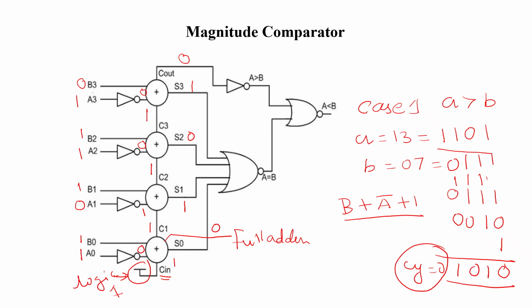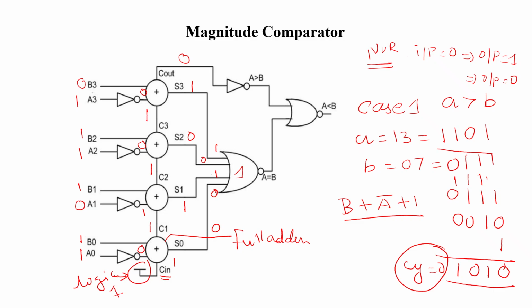This sum value is given to the input of the first NOR gate. Here the input values are 0, 1, 0, 1. So what is the property of a NOR gate? The property of a NOR gate is: if all inputs are 0, output is 1, else output is 0.